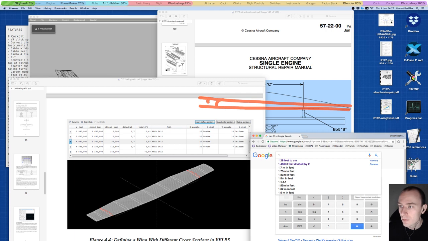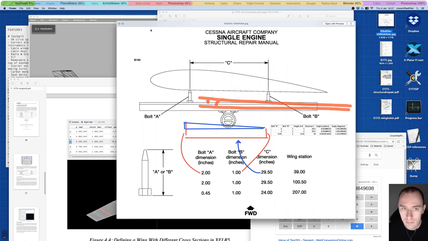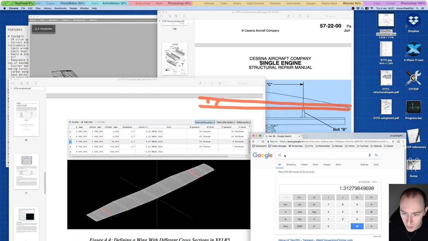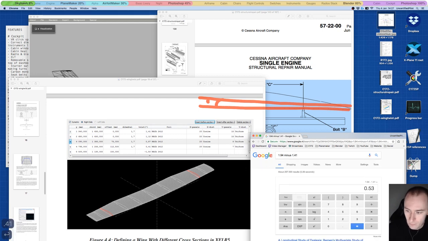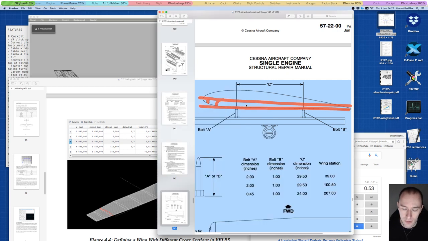What did he find? 1.94. So 1.94 minus 1.41. That would be 0.53 degrees. So that's, I don't know what that is called, but that's the angle between the chord of the wing and the flat bottom of the wing. And I still need to find that information.